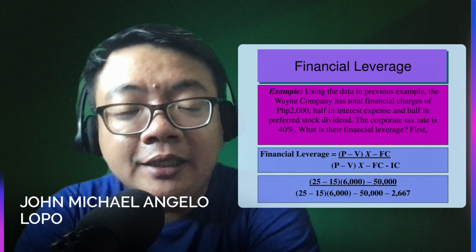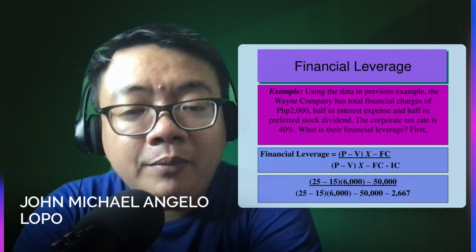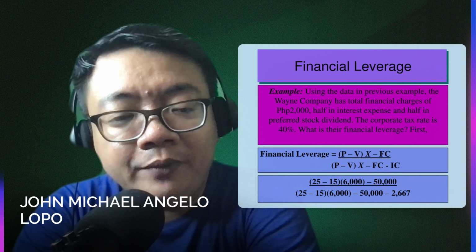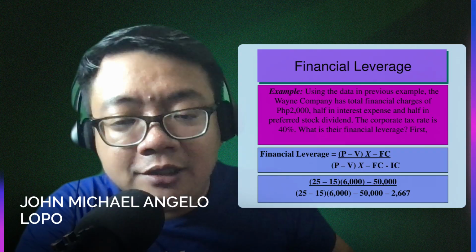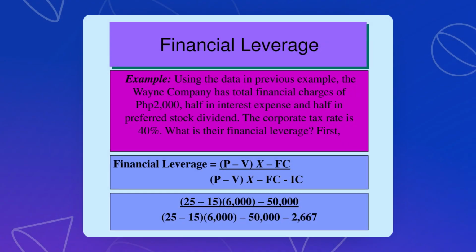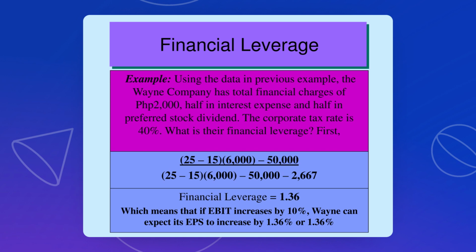That would be your EBIT. Look at the denominator: 25 minus 15 to be multiplied by 6,000 minus 50,000, and you just minus 2,667 as your interest charge. So what does that mean, class? The answer here is 1.36.